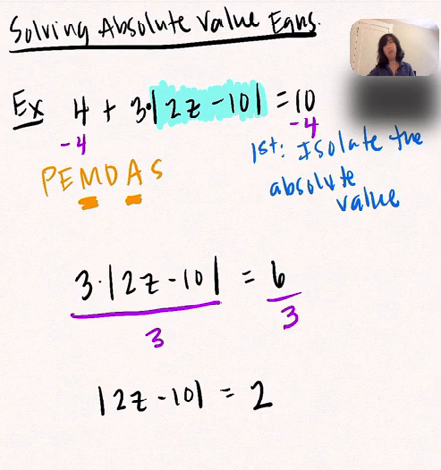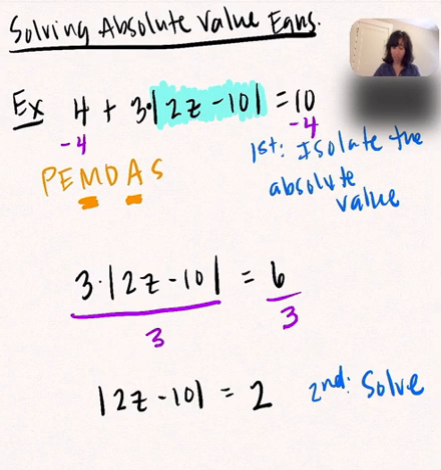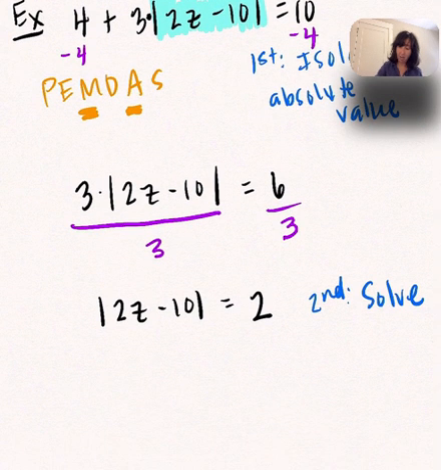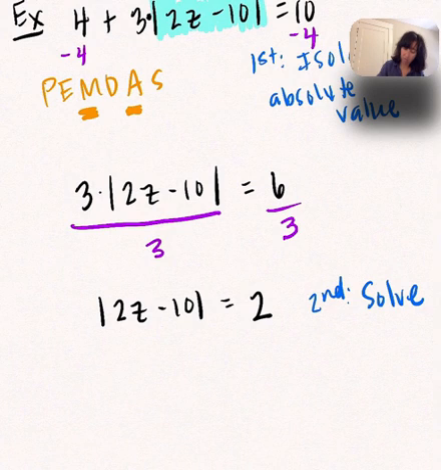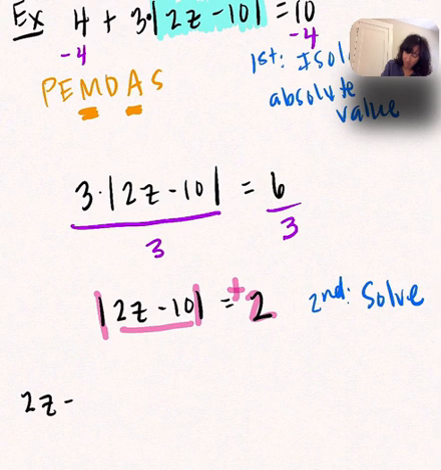Okay, so now we've isolated the absolute value, we can solve using what we know from the last video. So how do we solve this? Anytime you have absolute value of something equals a positive number, then you can take what's inside the absolute value, 2z minus 10, and set it equal to that number.